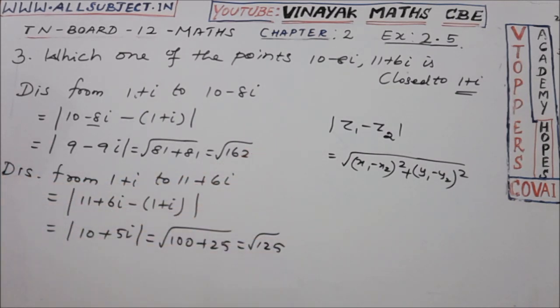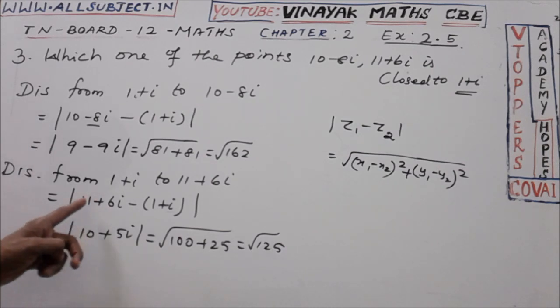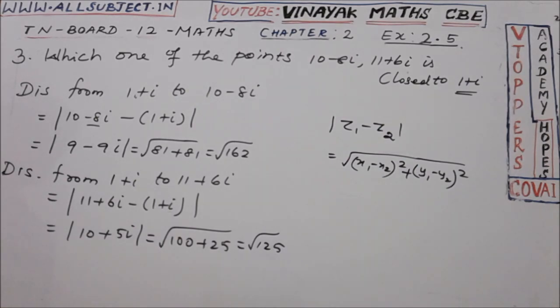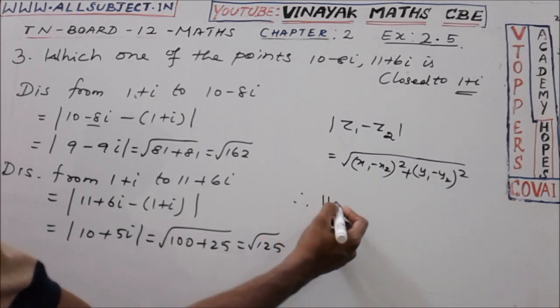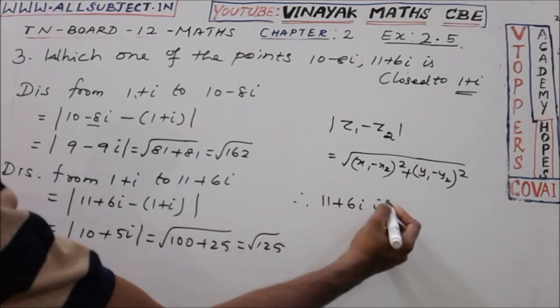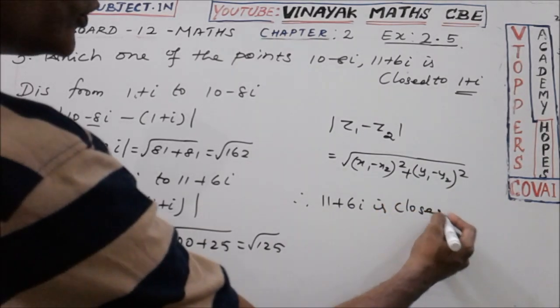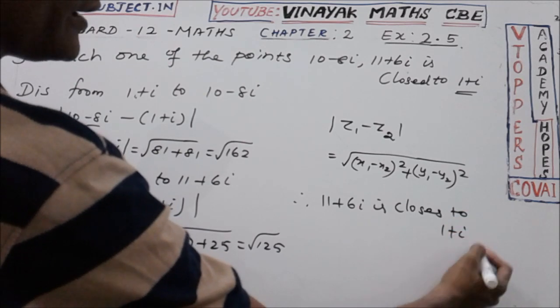Comparing these two values, root 162 is greater than root 125. So 11 plus 6i is closest to 1 plus i. Therefore, 11 plus 6i is closest to 1 plus i.